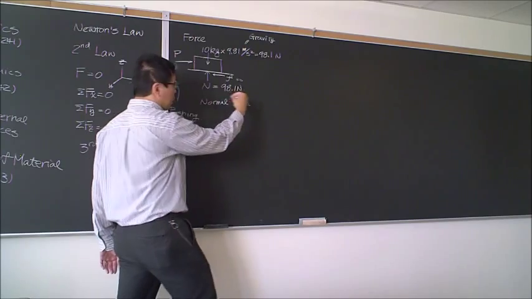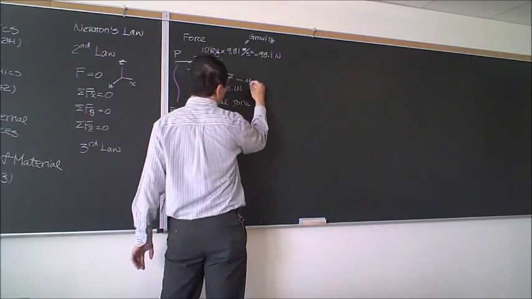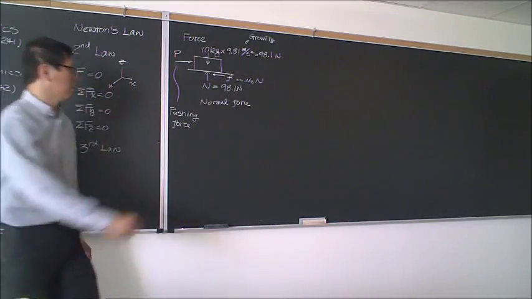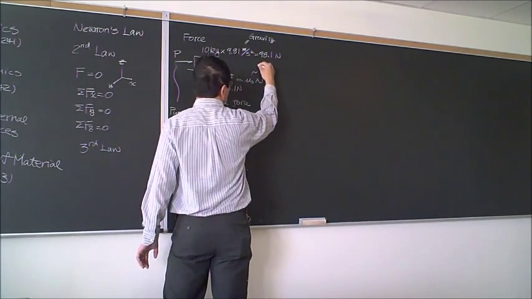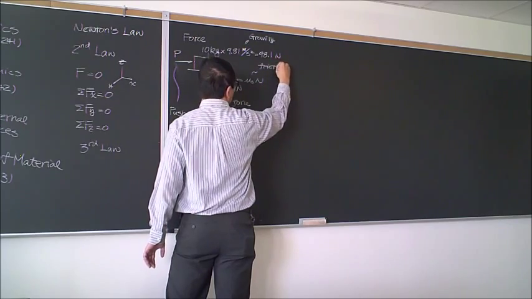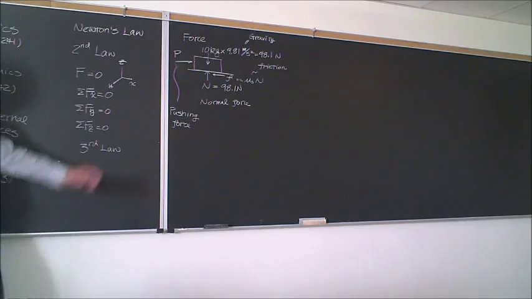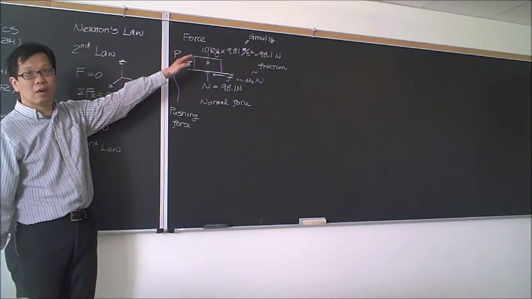So when we have friction, it's going to be the coefficient multiplied by normal force. Okay? So combine everything over here.